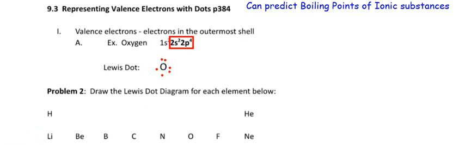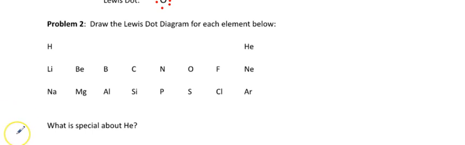Does that ring a bell? I sure hope so. So draw the Lewis diagram for each element below. I'm just going to kind of go across here because whatever is true in this column will be true for this column and so on. So lithium has 1, beryllium has 2, boron has 3. I think you get the idea. Carbon has 4. Nitrogen has 5.